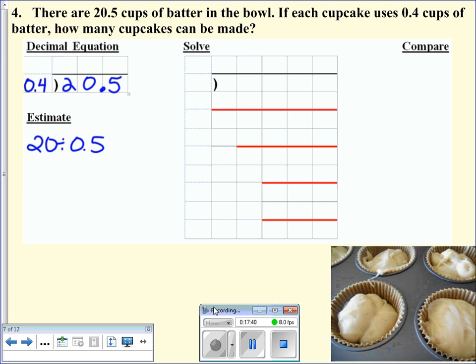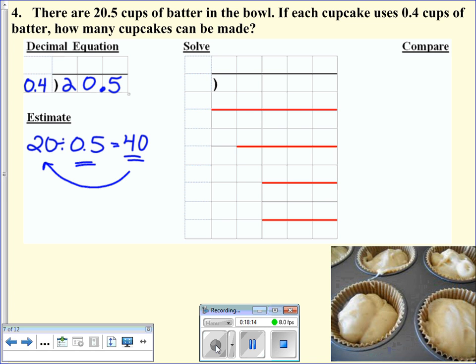You could, but we could mentally divide by a half. So dividing by a half is the same thing as multiplying by 2. So my estimation is about 40. Because remember, when you are dividing by less than 1, your quotient is going to be larger than your dividend.